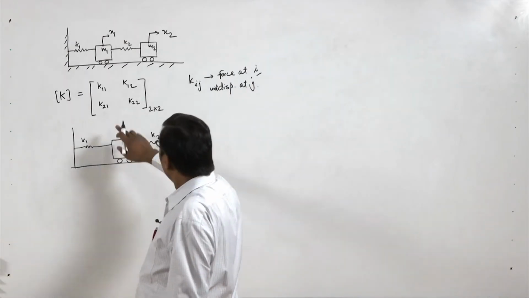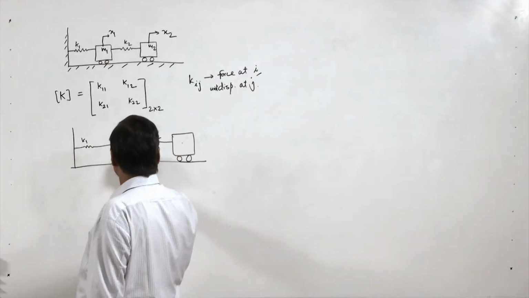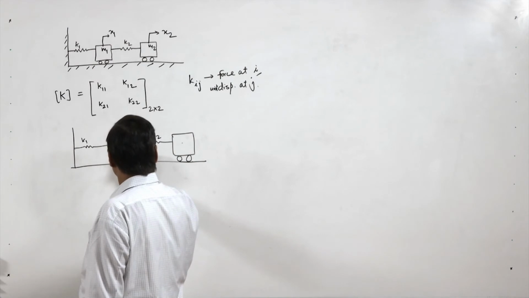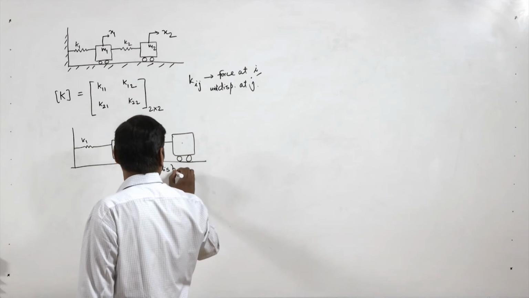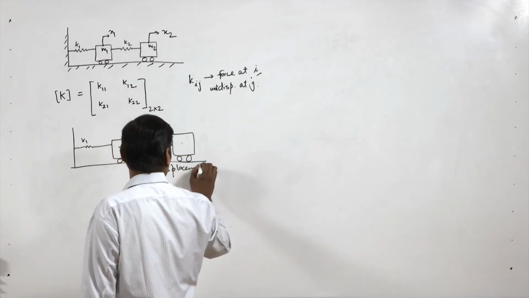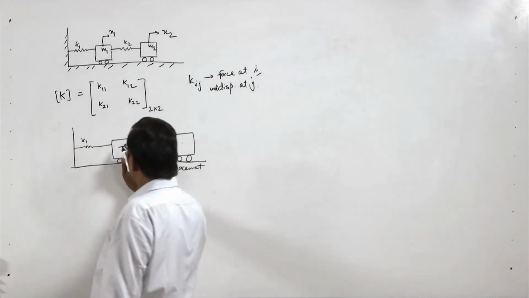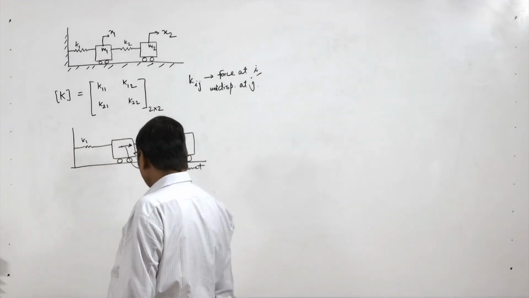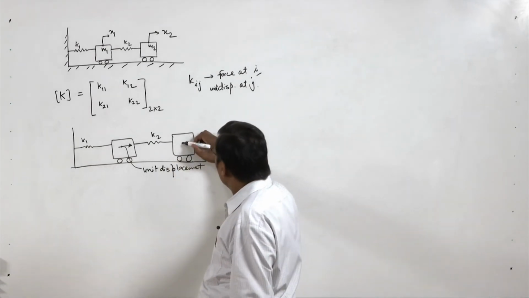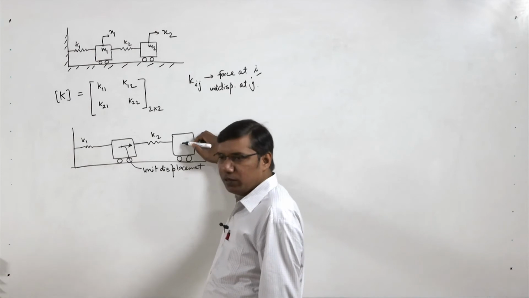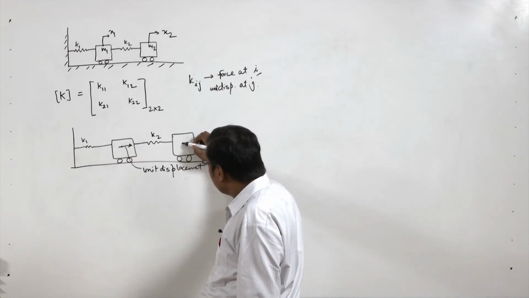Now we give unit displacement to the first mass in this direction, and we keep all the other degrees of freedom fixed. So this mass is fixed, it is not moving.